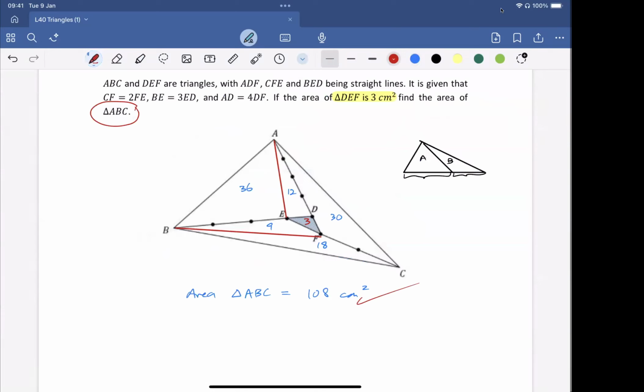If a triangle has the same base or same height, you can find the area easily. Correct. Thank you, Isaac. If the triangles have the same base, or if they have the same height, you can just compare them and easily find the area.